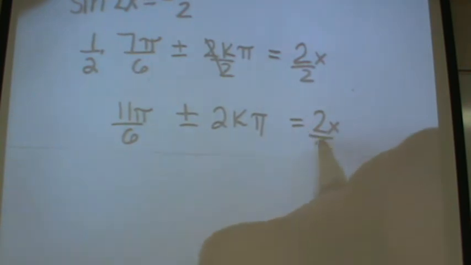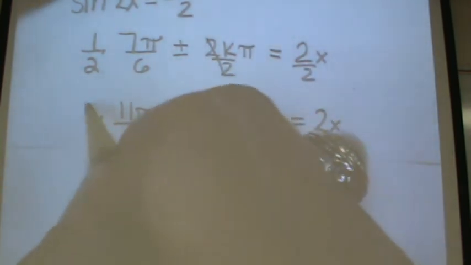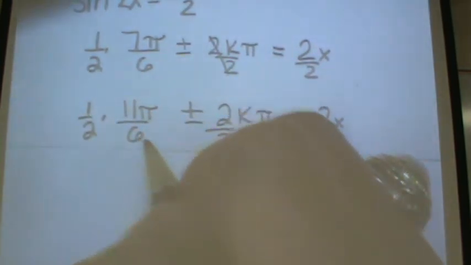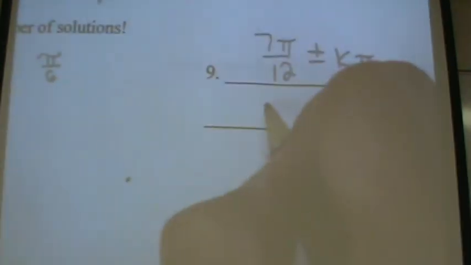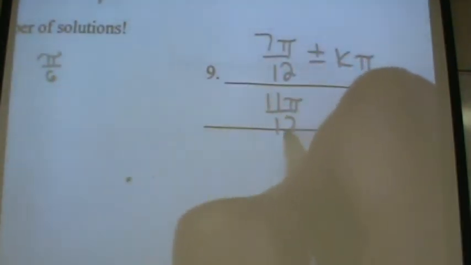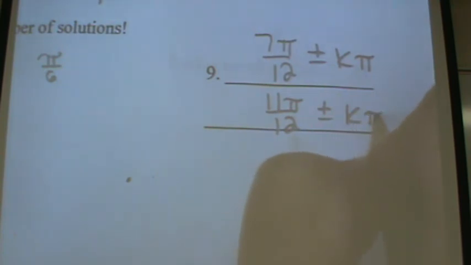Okay, the next one, you'd have to divide all this by 2 or multiply by a half. So this one's 11 pi over 12 plus or minus k pi. Next one.